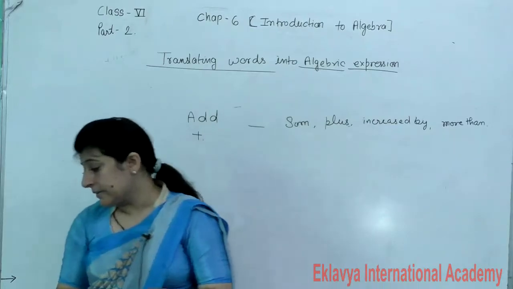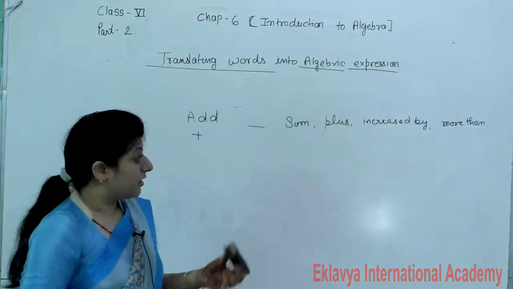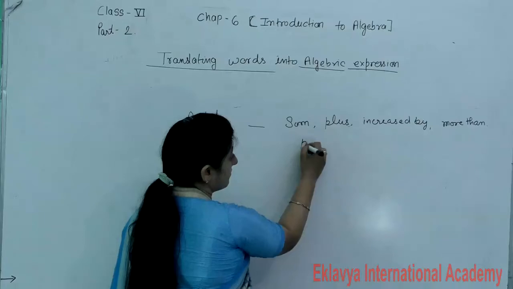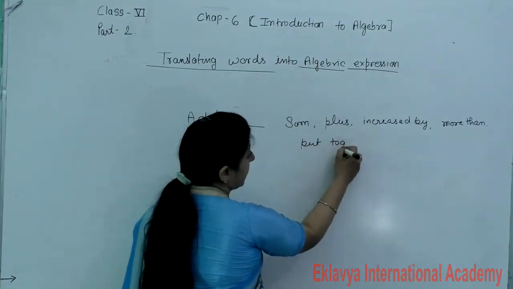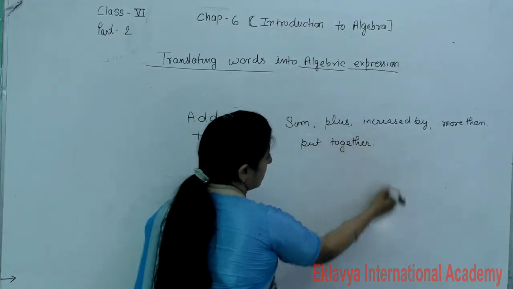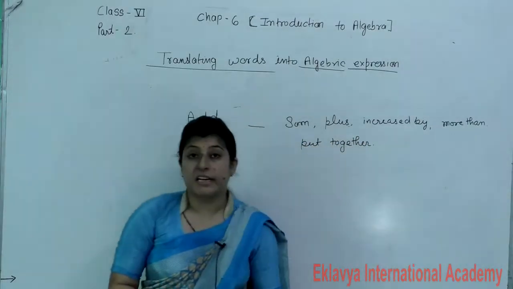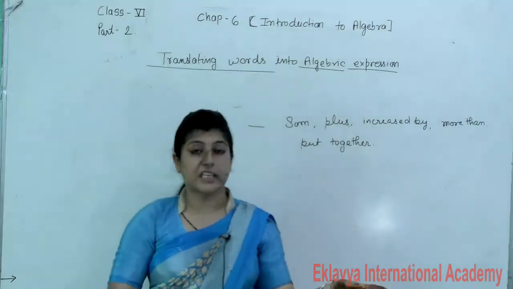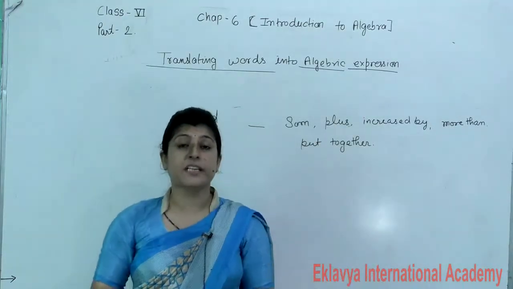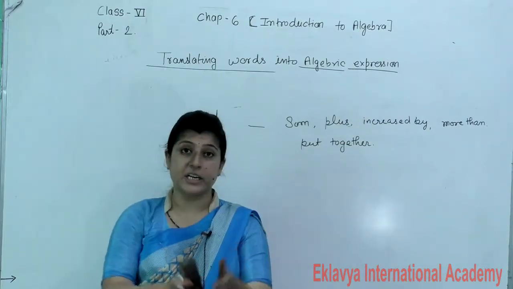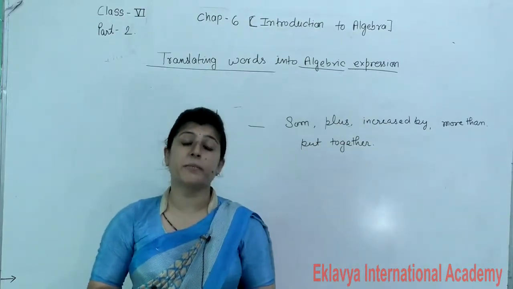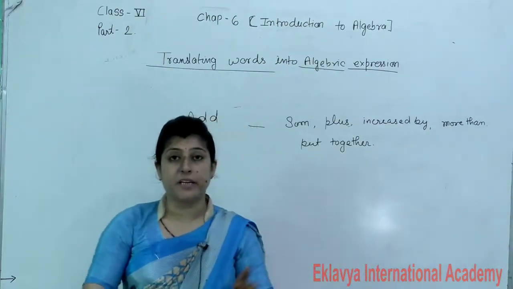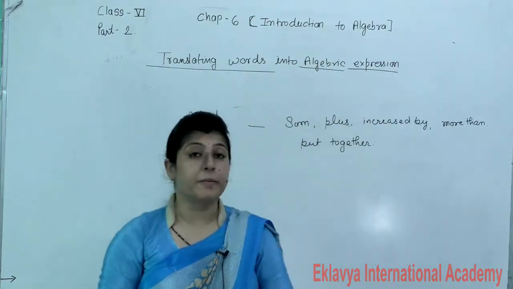Or put together, combine. Suppose in a bucket there are 5 mangoes, and in the next bucket there are 10 mangoes. When we combine both buckets, how many mangoes do you have? Obviously we add 5 plus 10 is equal to 15.